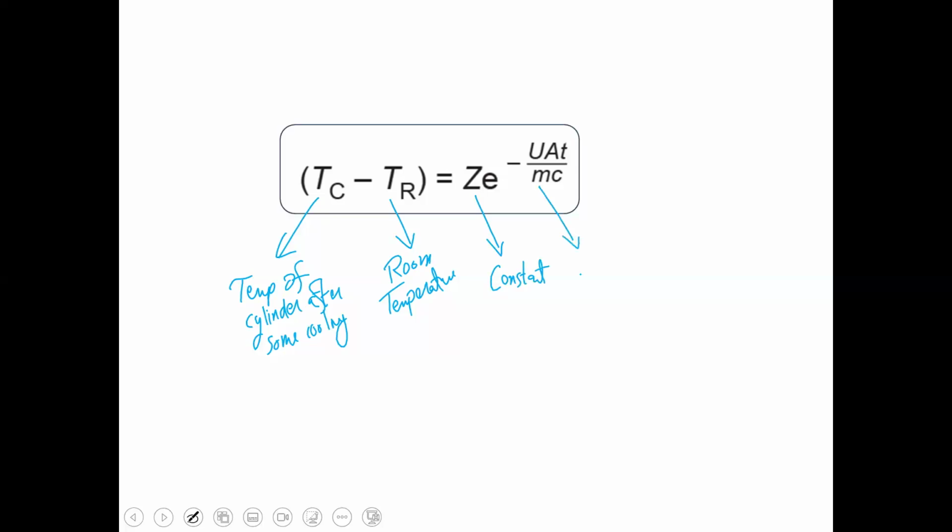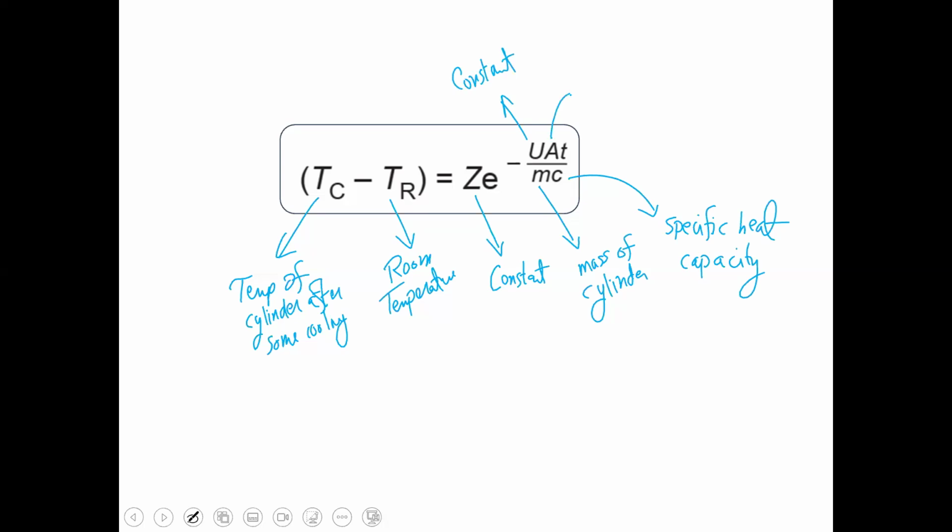What is M? Mass of cylinder. What is C? Specific heat capacity. What is U? U is a constant. What is A?